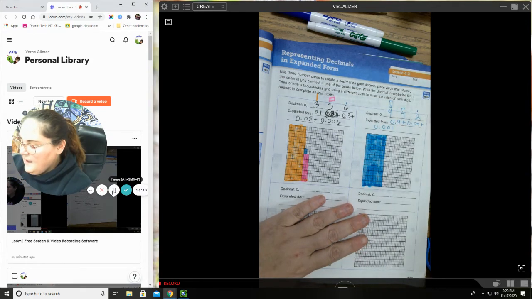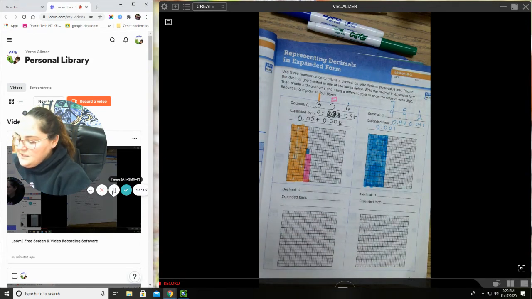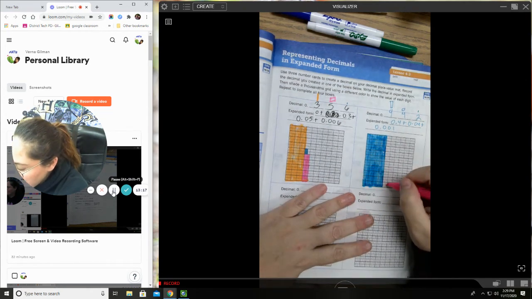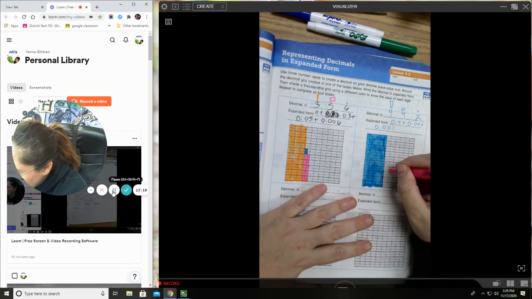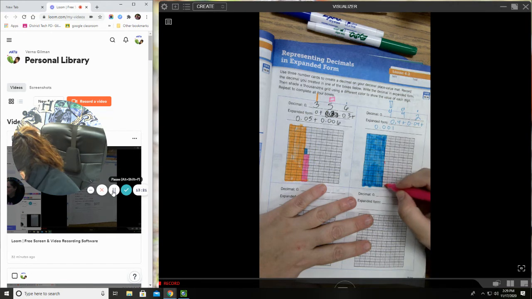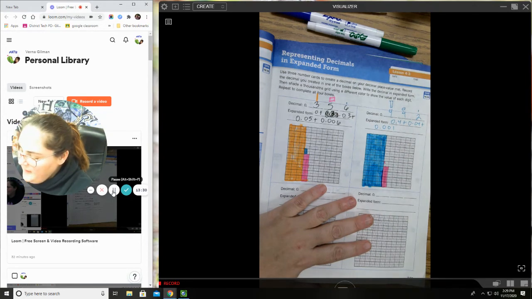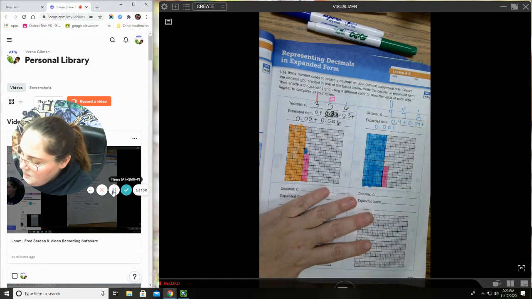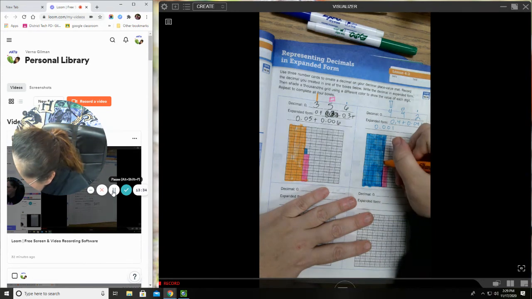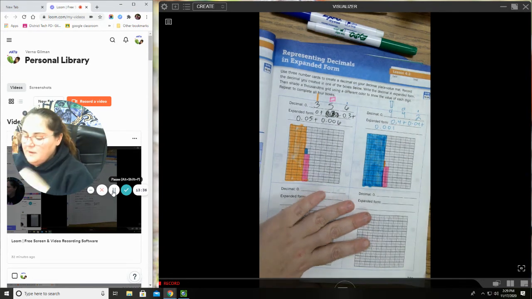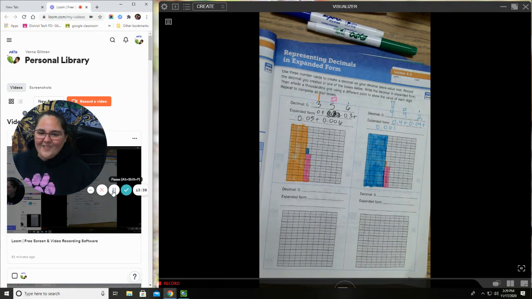All right. 4 hundredths. I'm going to do this one in pink. 1, 2, 3, 4. 1, 2, 3, 4. Here we go. And then finally, 2 thousandths. So I'm just going to use these 2 right here. There we go.